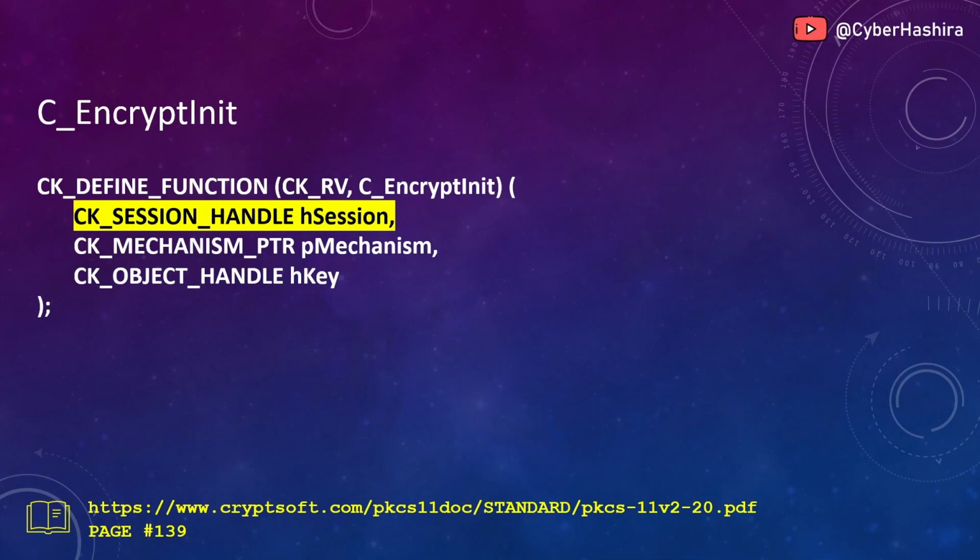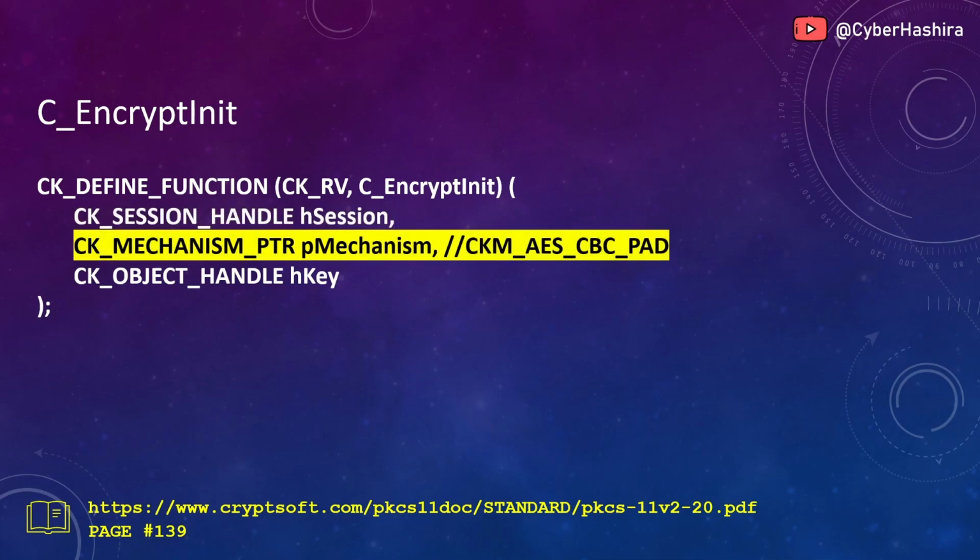The first argument specifies the session handle to use. It is of type CK session handle. The second argument is of type CK mechanism. This argument is used for specifying the encryption mechanism to use. For example, if an application is requesting to use AES encryption, then it may specify CKM AES CBC pad as the mechanism to use.